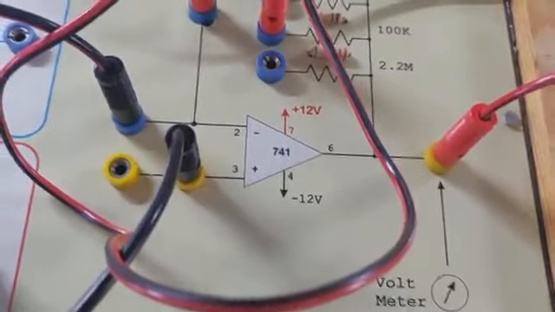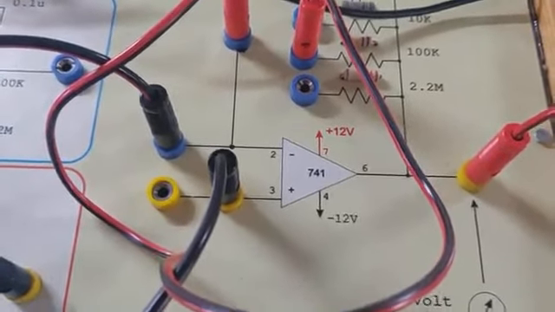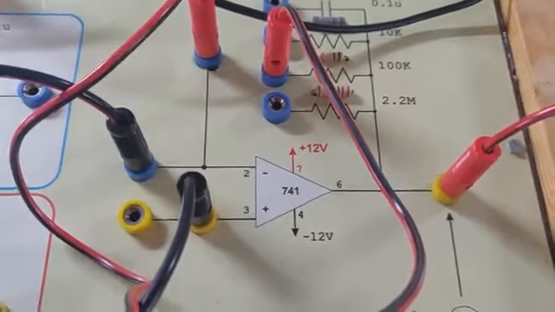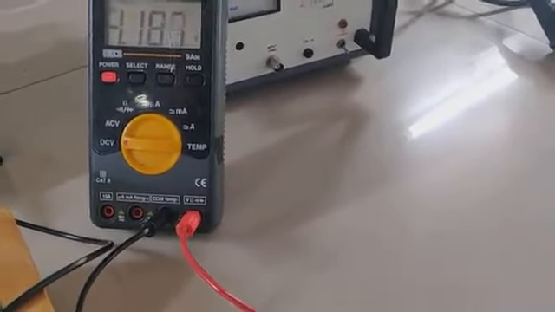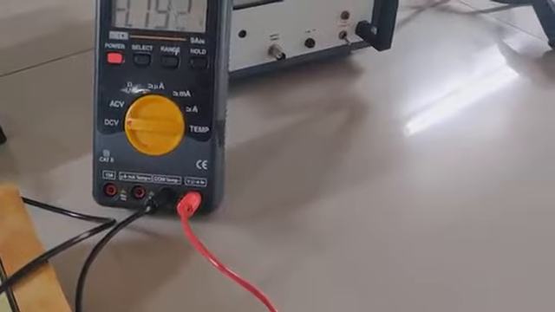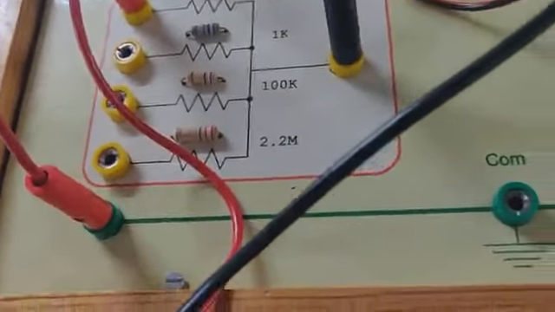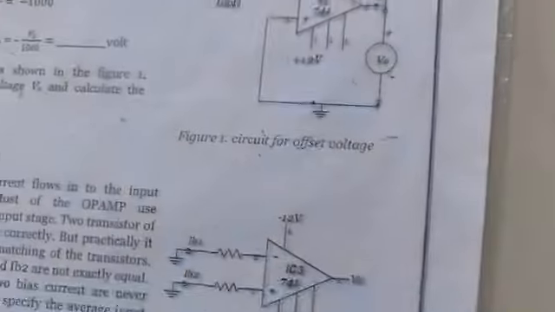So this difference of the input voltage that we have to measure can be found from the output voltage upon the gain of the amplifier. The output voltage is 1.2 volt that we have seen, 1.185 or 1.19 volt, divided by 1000. So 1.2 millivolt will be the input offset voltage, that we can write down.